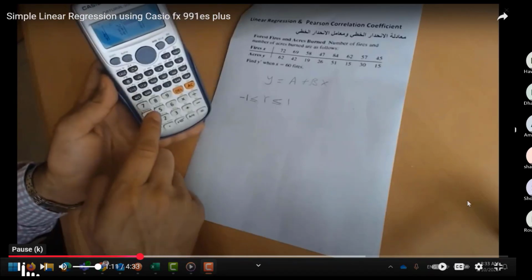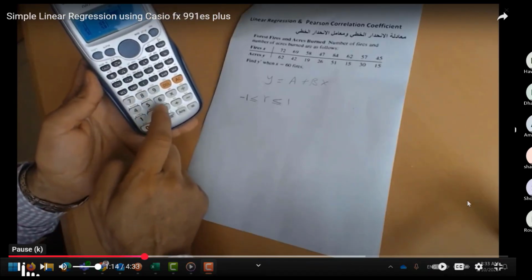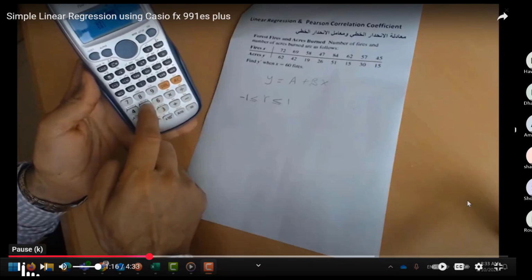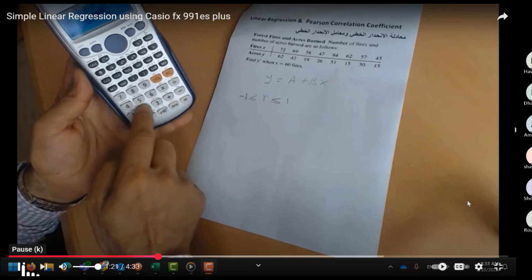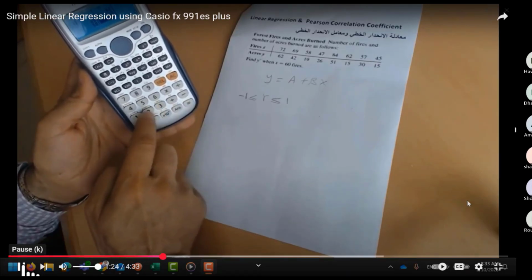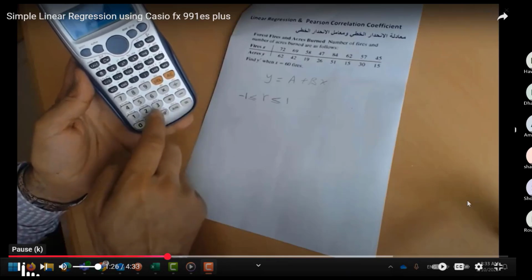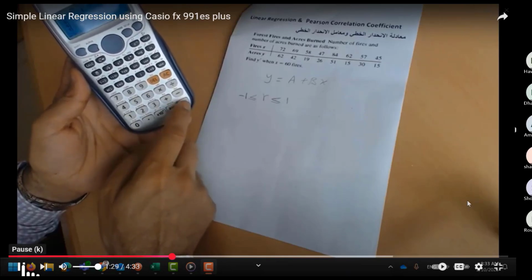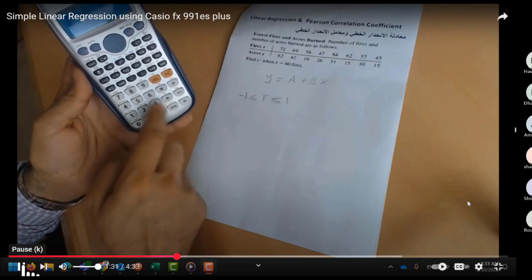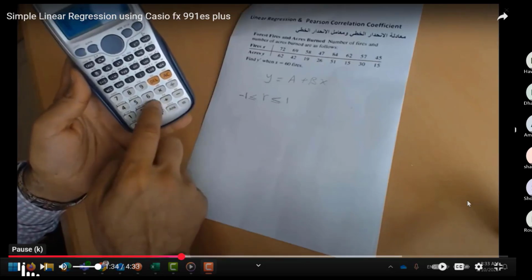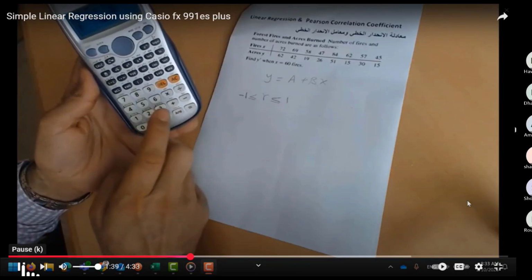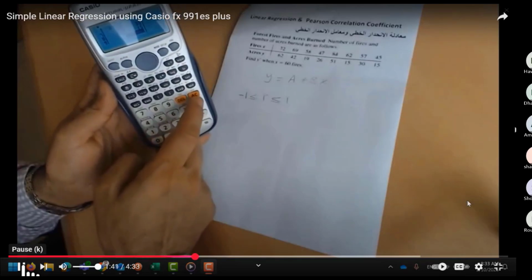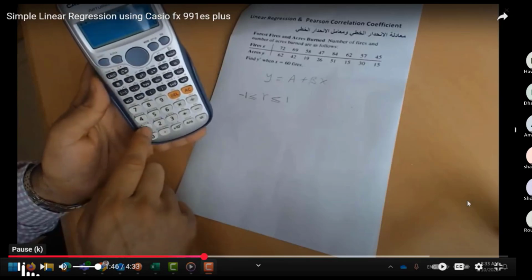I start inputting my dependent variable Y. 62, press equal. 42, press equal. 19, press equal. 26, press equal. 51, press equal. 62, press equal. 50, press equal. 30, press equal. 15, press equal. After I finish, I press the button AC and then shift and 1.